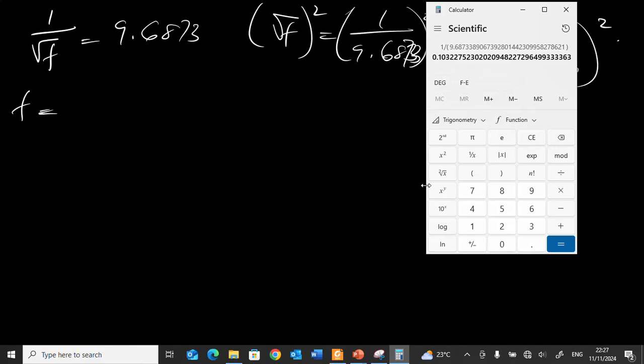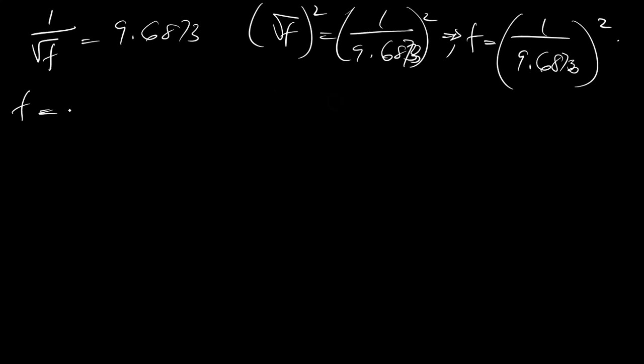The inverse of this square, so what we have now is 0.01065559. So this is the value of our f.